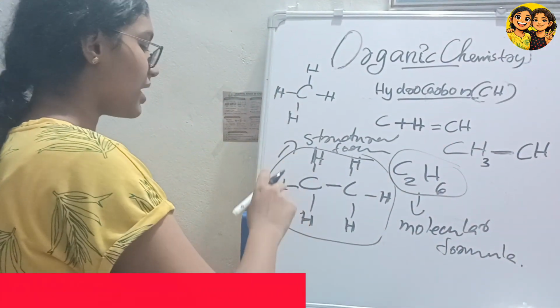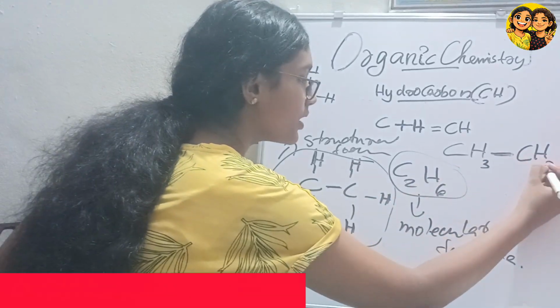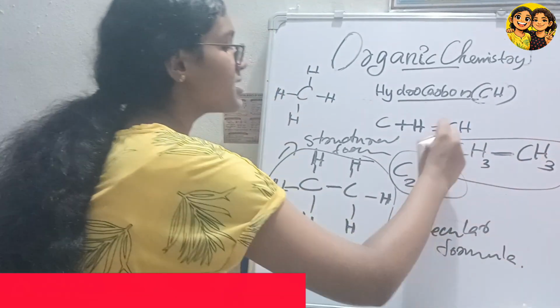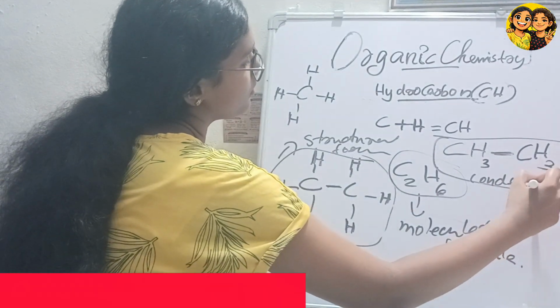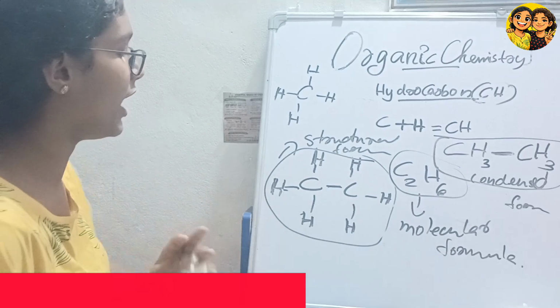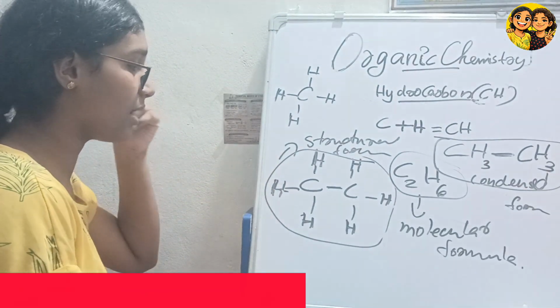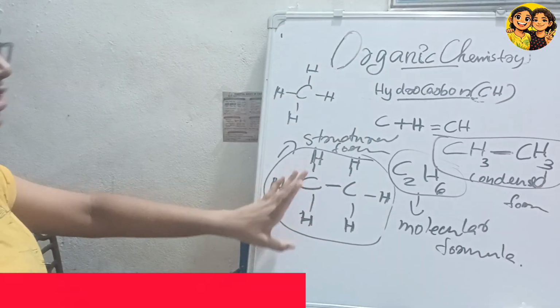How many hydrogens are here? 1, 2, 3. And here too, 1, 2, 3. This would be the condensed formula. This is the condensed formula of the hydrocarbon, and this is how you need to know and understand it. Did you get it?